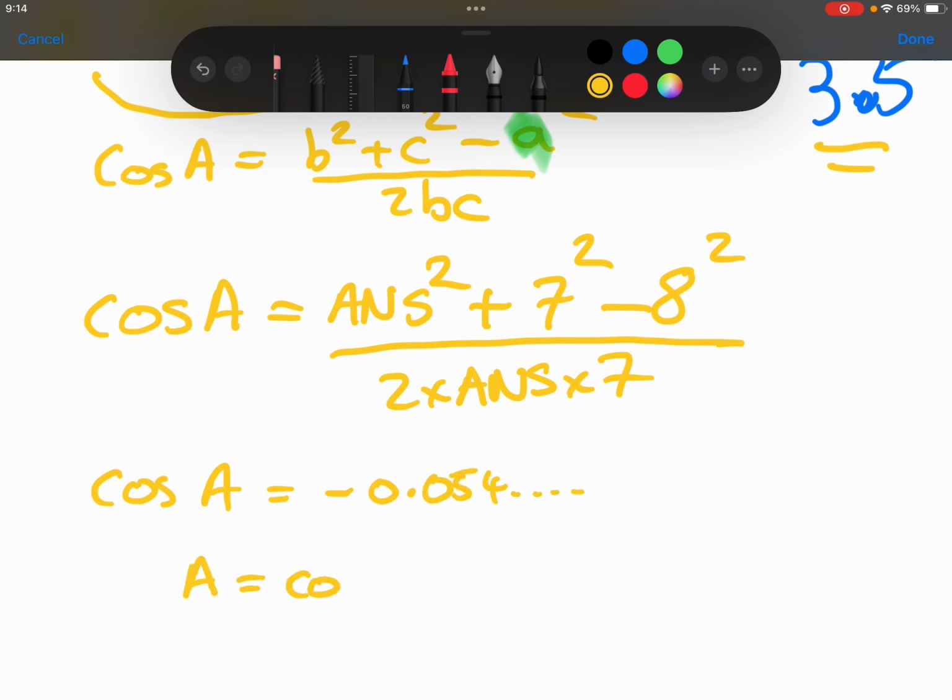I will now do cos inverse of that to work out the actual angle. So shift cos answer, and we get 93.106 degrees.